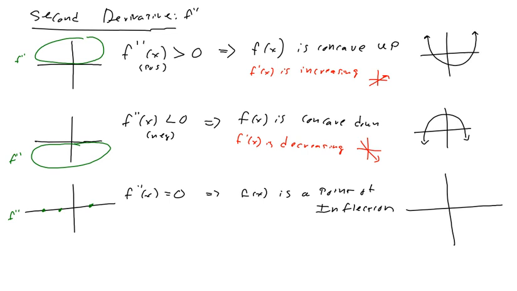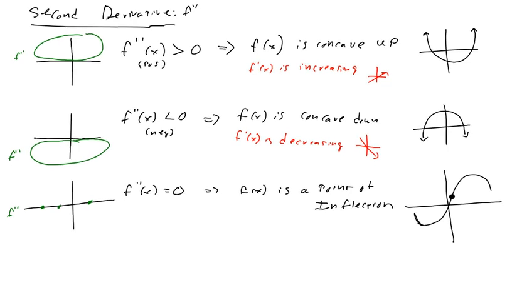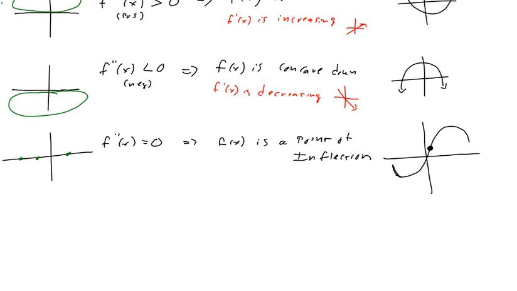Right here is where the curvature changes, right? You have a cup like this, and then you change, you're going down, or the other way. You have a graph that's going concave down, and then you stop going concave down, you start going concave up.